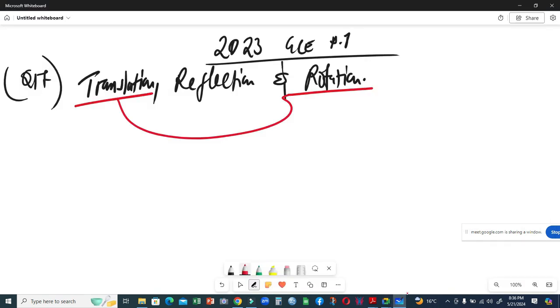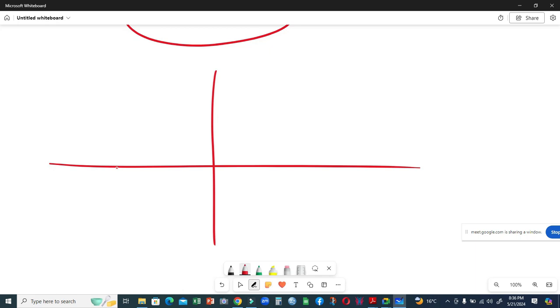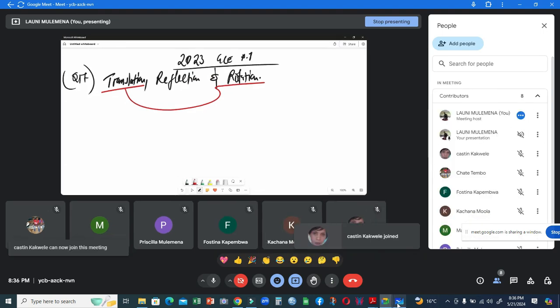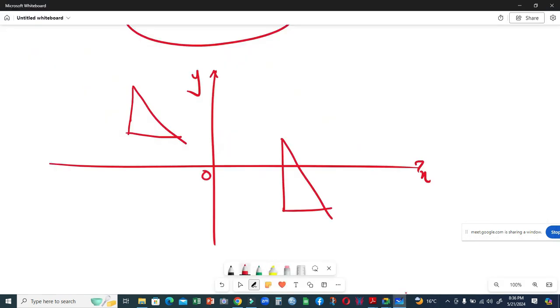Okay, so let me try and sketch roughly, just a rough sketch of the question, of which we have the first triangle and the second triangle there. Remember, I'm just sketching, so refer to the question to get the actual information. Then from here, this is a 2, this is -2.